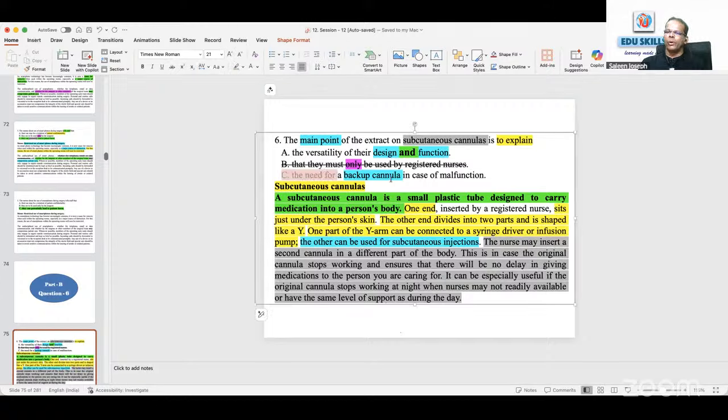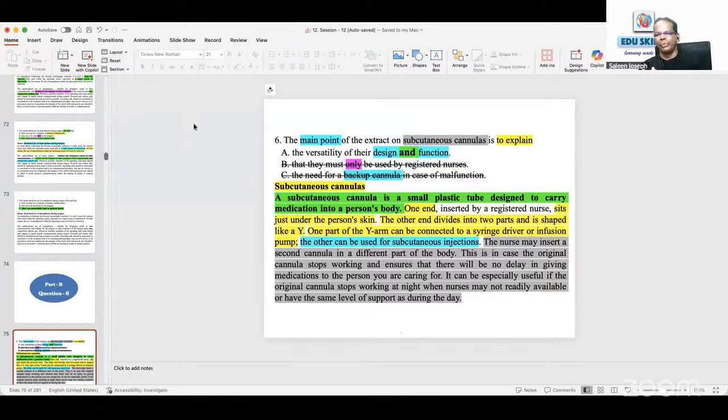They are asking the main point. That is important, not the secondary point. This type of question happens very often. If one absolute is there, you eliminate it, then you have only two options. Then if a conjunction like and is there, 99.999% that will be the right answer. Do you agree? Okay.